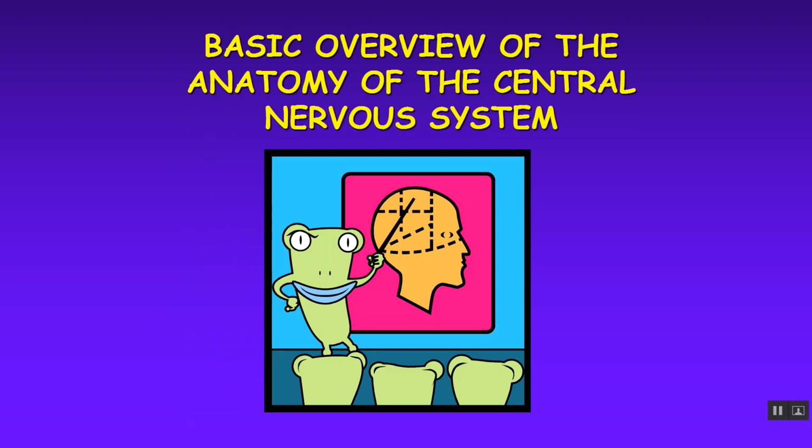Any questions on terminology? I'll try to reinforce that as we go through here. Now we're going to start going through basic neuroanatomy. Again, you're going to hear all this two or three more times.